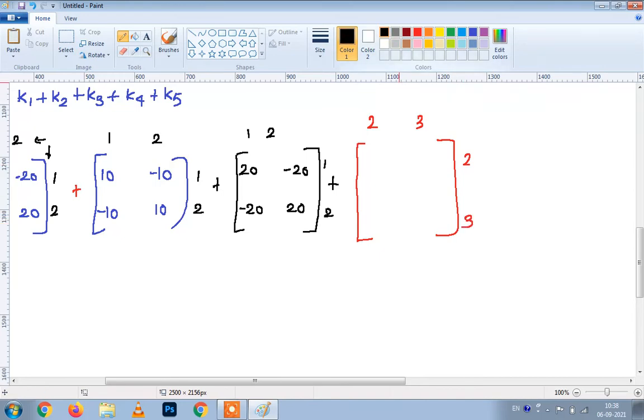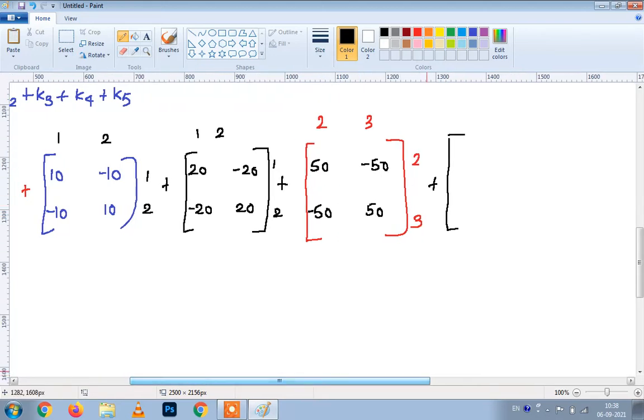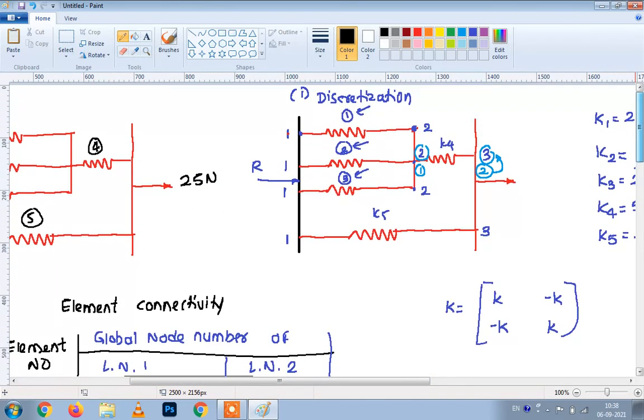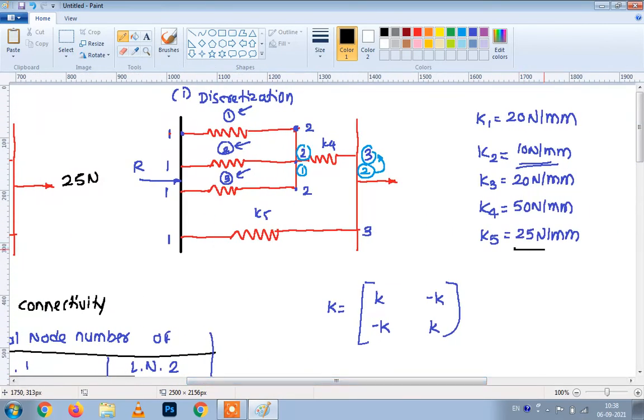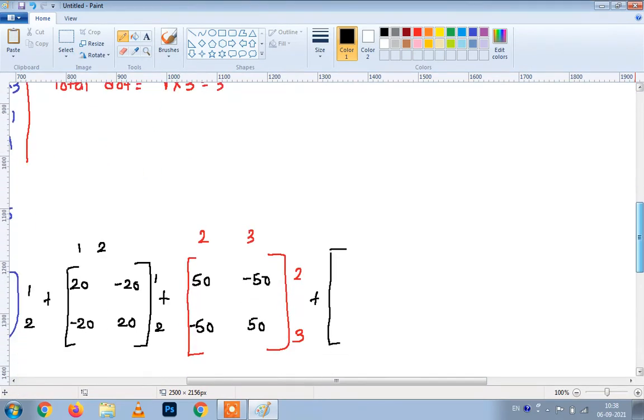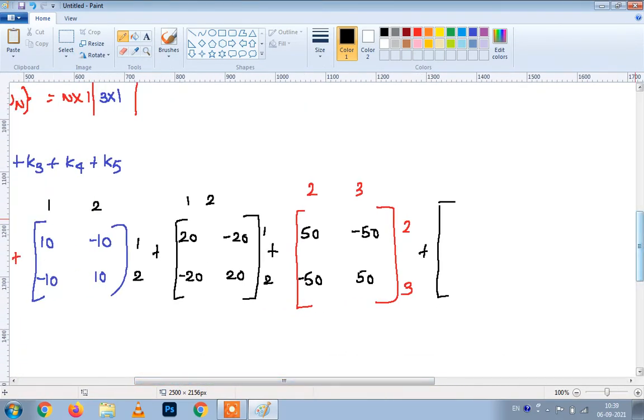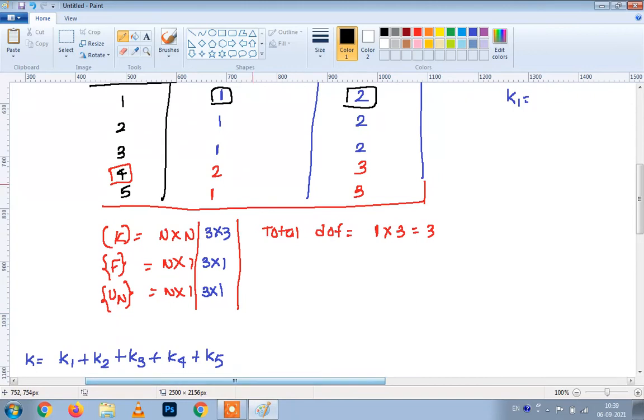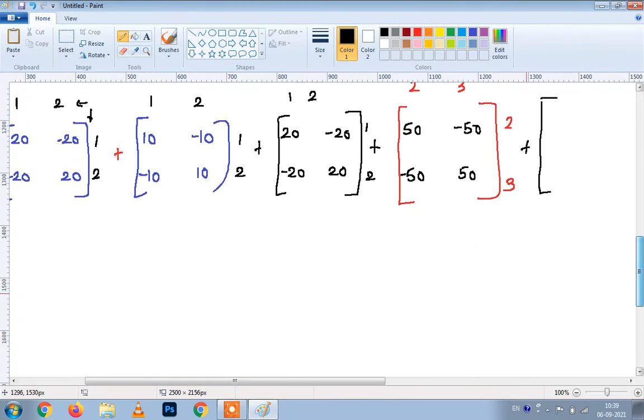The stiffness for this is 50. It is given in the numerical: 50, minus 50, minus 50, 50, plus the last stiffness matrix that we have to write, K5. For K5, look at here, the value is given as 25 Newton per mm, and it is connected between, we have to look at the element connectivity, 1 to 3.